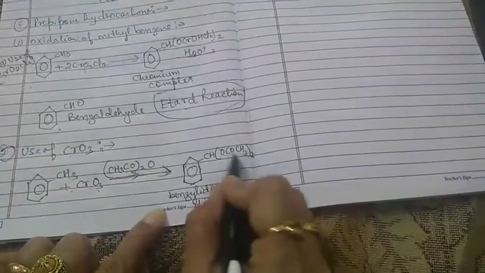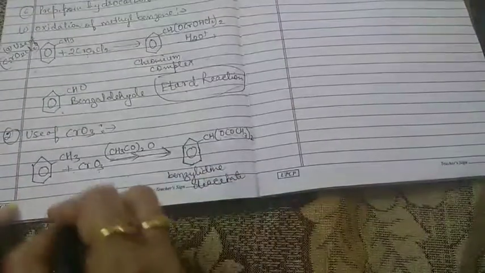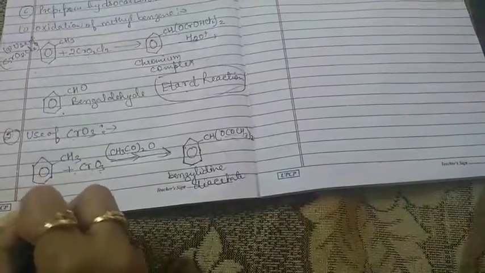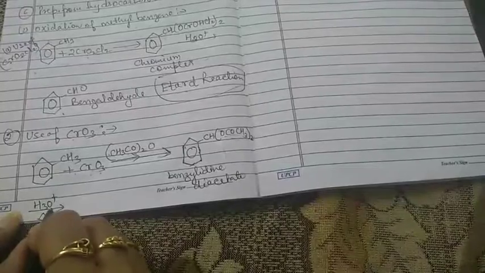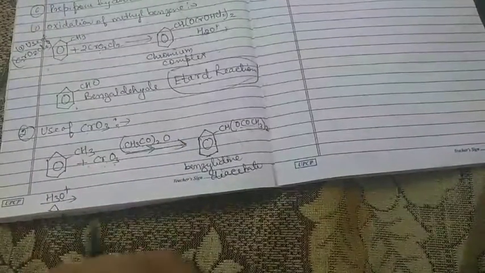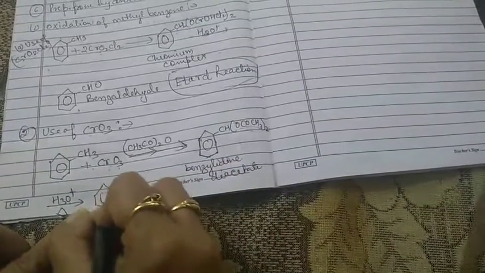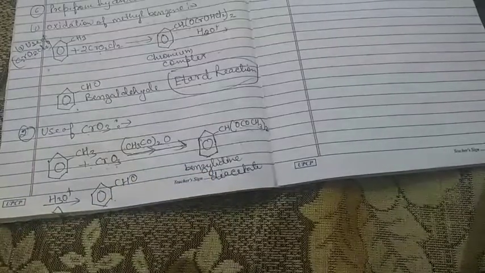Diacetate because two acetate groups are linked here. Now the next process is hydrolysis, carried out in the presence of acid. The benzylidene diacetate is hydrolyzed in the presence of acid, and we get benzaldehyde, that is CHO, as the product.